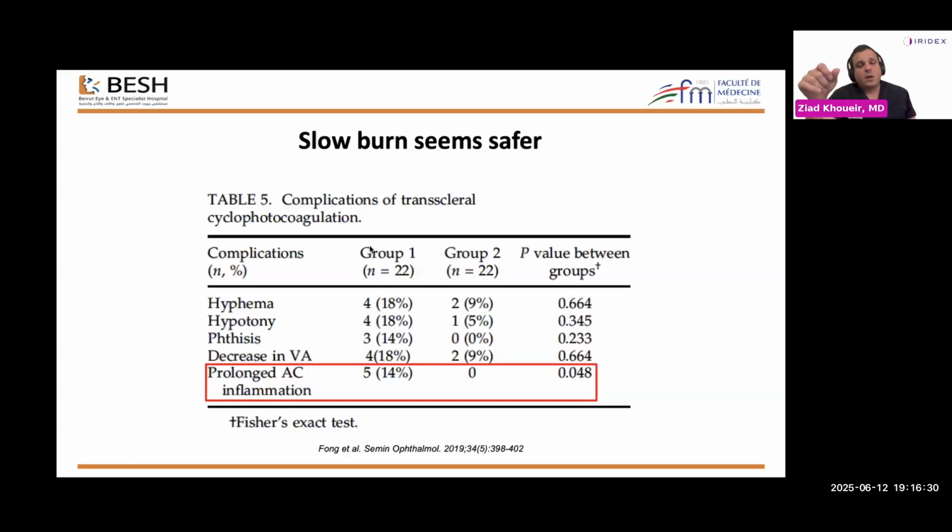And the way to do a slow burn or a slow coagulation is to apply each spot for about 4 seconds with very low energy, around 1 to 1.2 watts per laser spot.